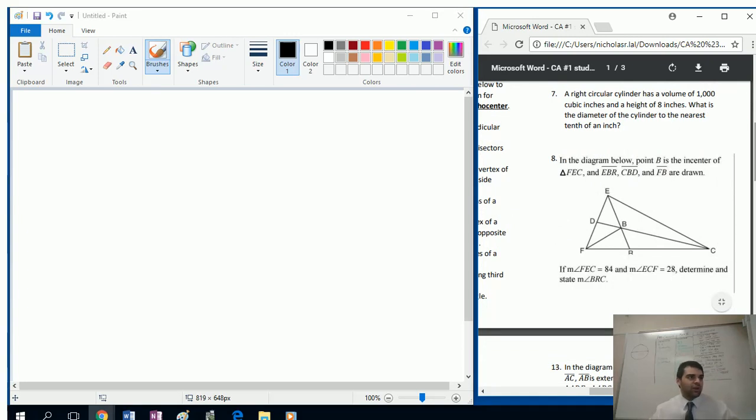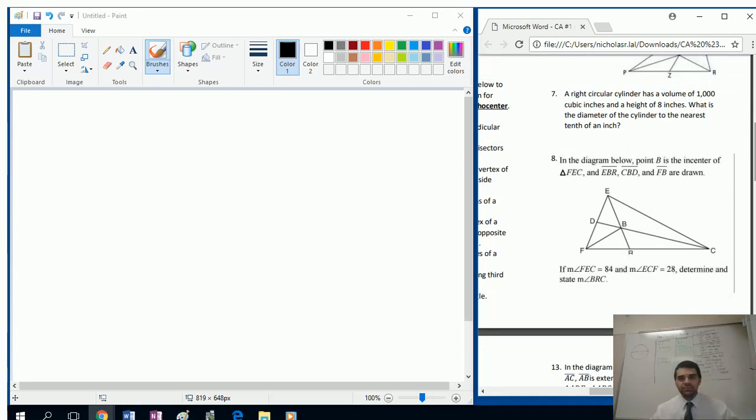Number 7, a right circular cylinder has a volume of 1,000, height of 8. What is the diameter of the cylinder to the nearest inch? So our cylinder, and this is number 7, has a volume of 1,000.